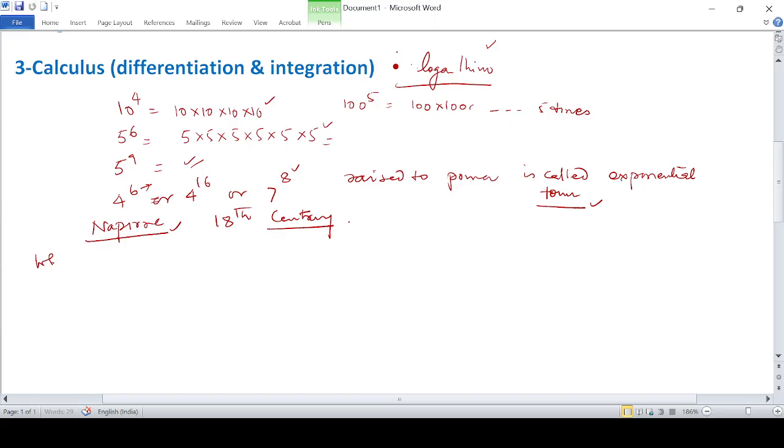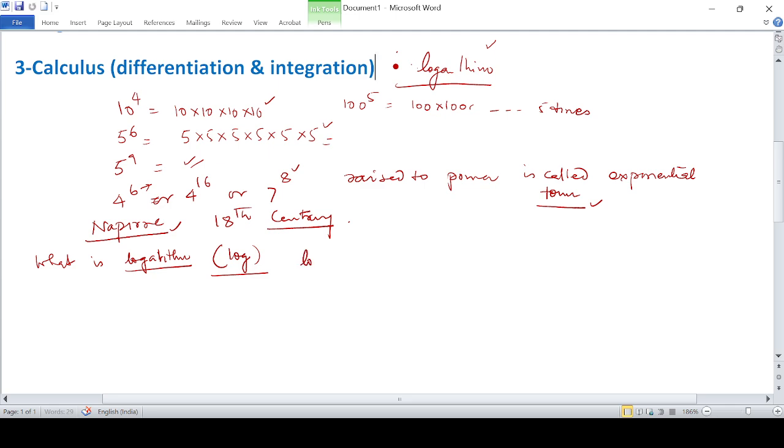Definition. What is logarithm? We generally write it as log. We normally do not write logarithm as a whole, we write log.